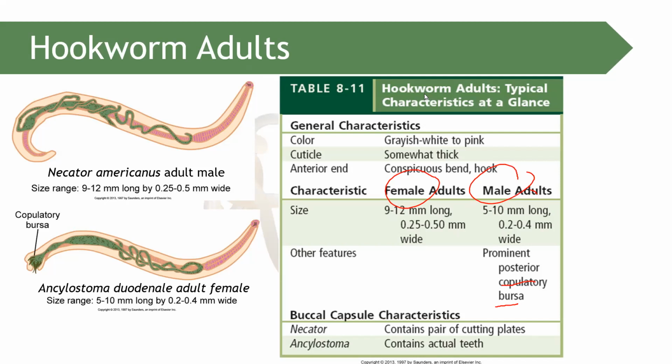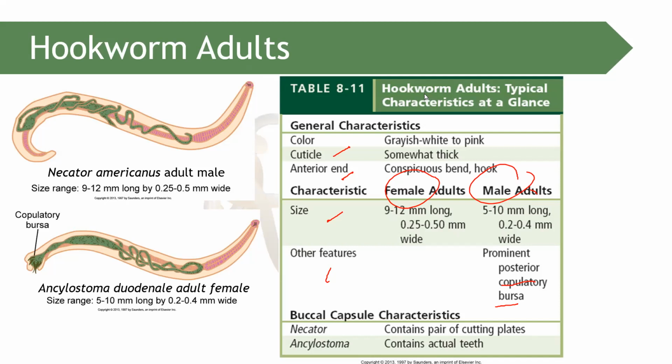Okay? So that's how we differentiate male and female hookworms. Ngayon, paano po yung Necator and Ancylostoma? Kasi yung color, yung cuticle, yung anterior end, yung size and features nila almost the same. They differ in their buccal cavity.